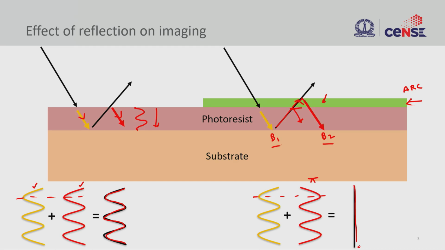So if you look at this as the intensity axis, you are going to have 0 power going through. So you are trying to arrest whatever reflection that we have, and the exposure is only due to the incident light, right. So in this case you will have a uniform exposure and not standing wave type exposure.